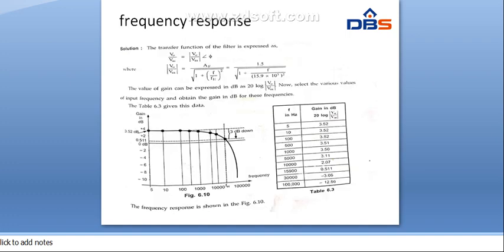Then see the frequency response. The transfer function of the filter is mod V0 by Vin equal to AF by square root of 1 plus (f by fH) whole square. That is the gain of the filter. Substitute AF, f and fH values.